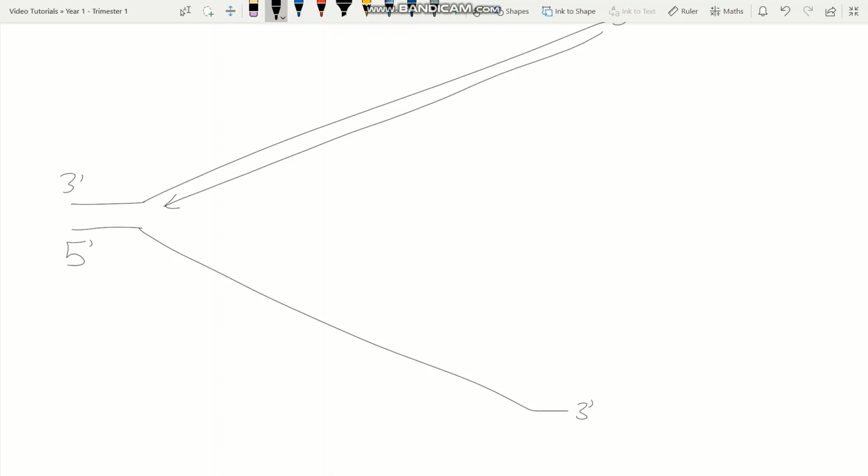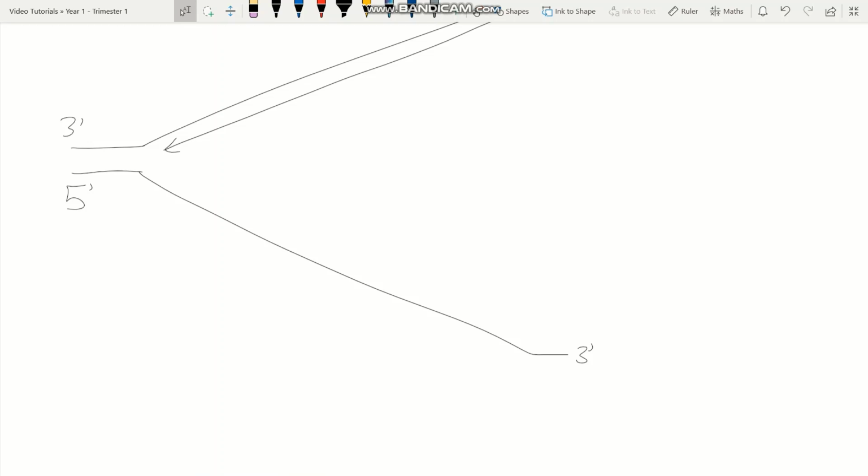So what does this mean? Well, essentially, it means that the DNA polymerase molecule has to work in particular segments in order to allow for the process of DNA replication to occur. And these segments are referred to as Okazaki fragments.